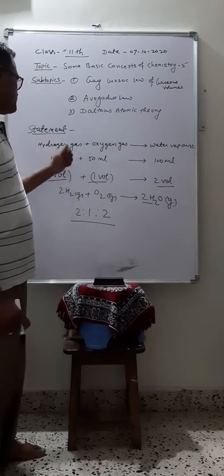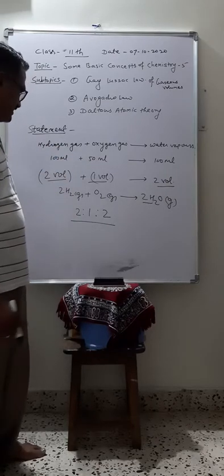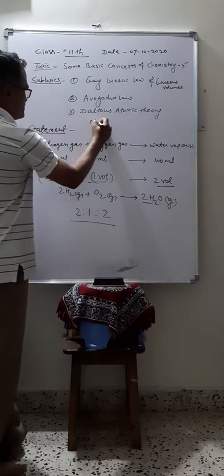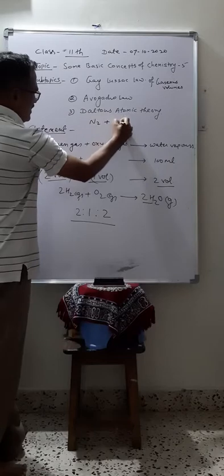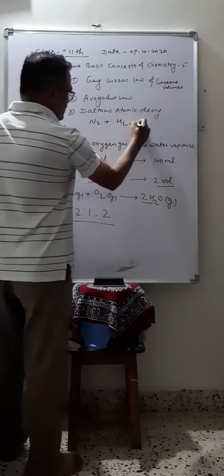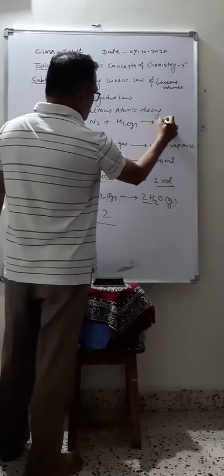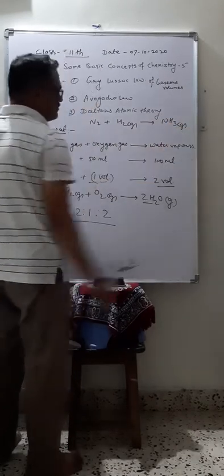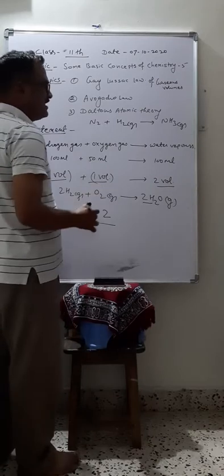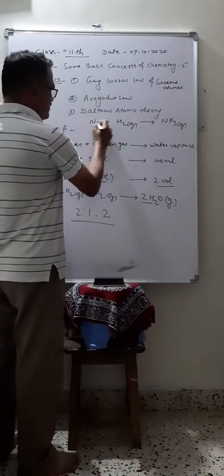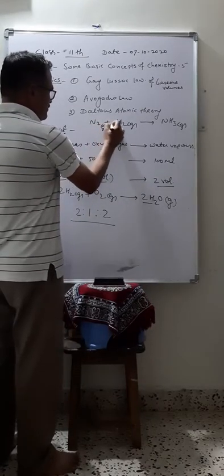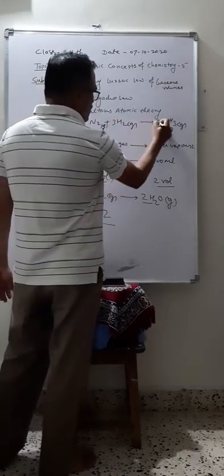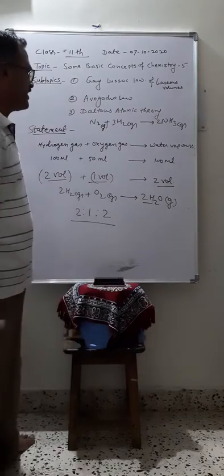In addition to this example, you can take different examples also. For example, when the nitrogen gas combines with hydrogen gas, then you will get ammonia gas, NH3. When you write the balanced chemical reaction, nitrogen gas combines with 3 molecules of hydrogen gas to form 2 moles of ammonia gas.